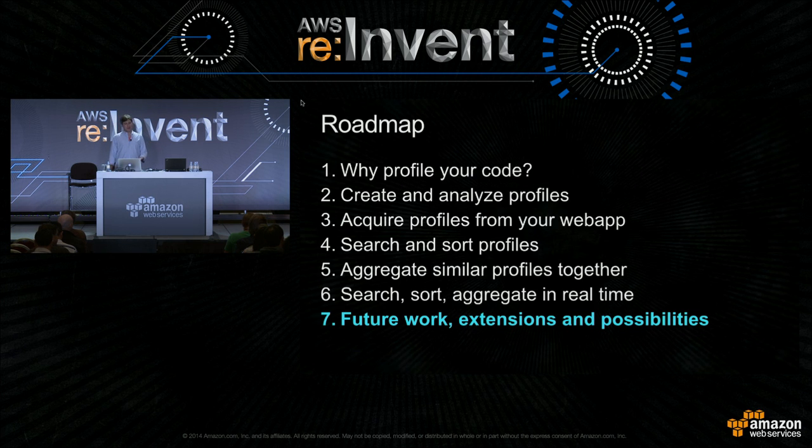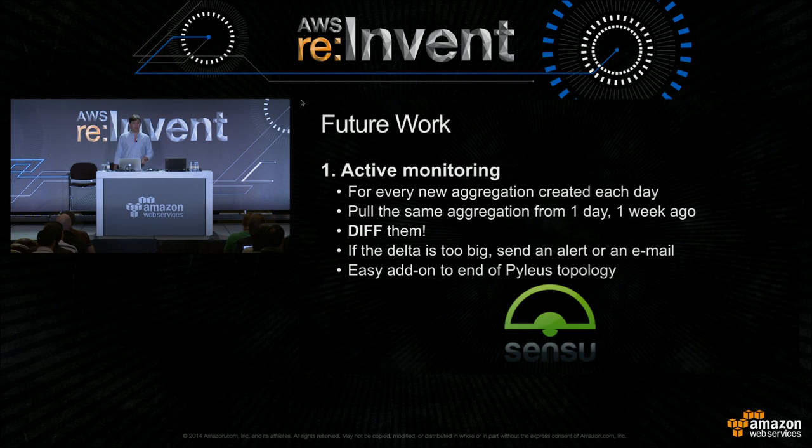So, let me talk a little bit about the future work and ideas that Yelp has in mind for profiling. For one thing, I actually have an intern working on this right now, active monitoring. Since we're already creating these big sets of profiles, and we're already doing it in a Storm topology, for every new aggregation created each day, just pull the same combination from a day, a week, a month ago, whatever you want, and diff them.